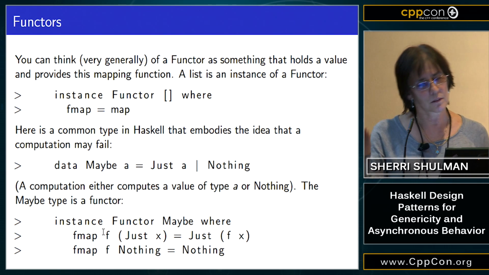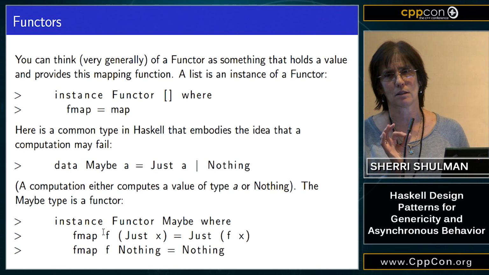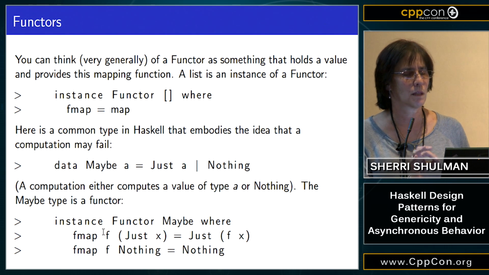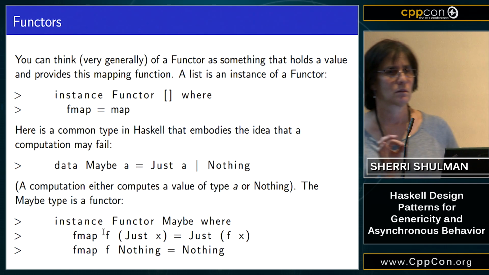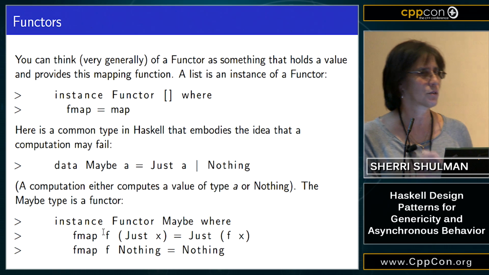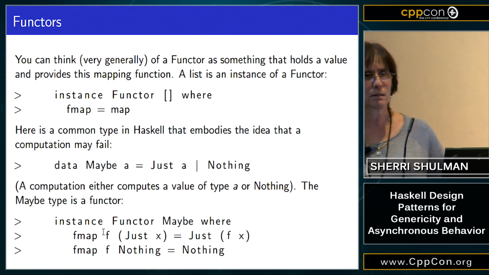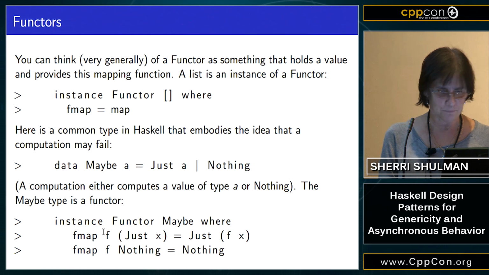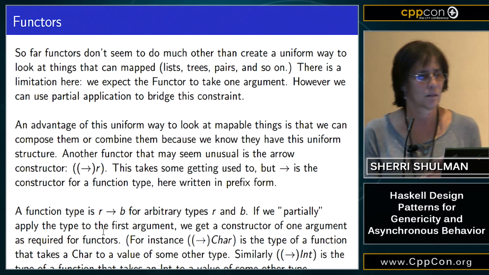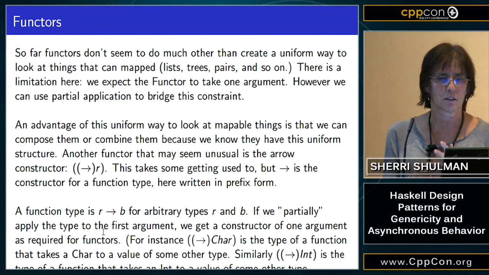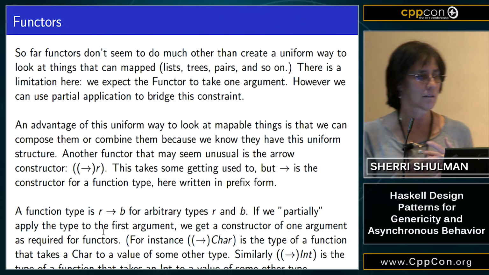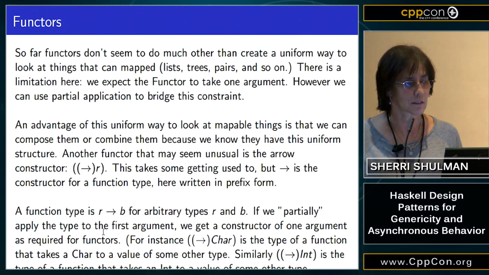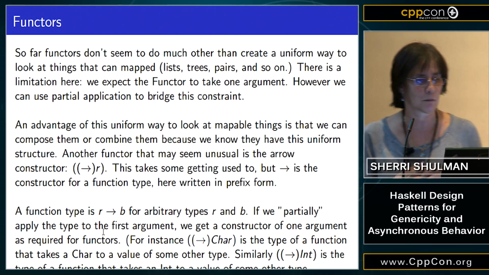The way of looking at this, by the way, is that Maybe types are strict. What that means is any time a computation produces Nothing, Nothing percolates through the entire computation. So far, functors don't seem to do much other than create a uniform way to look at a lot of things, anything that can be mapped. Lists can be mapped, trees can be mapped, pairs can be mapped.